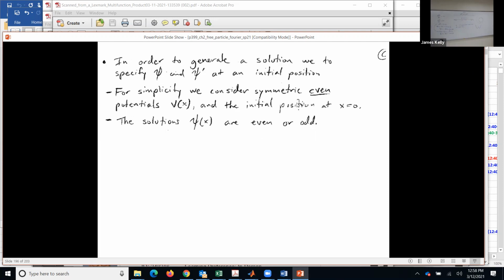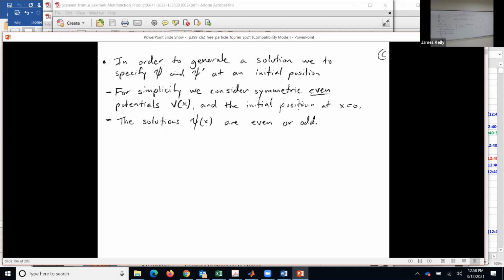In this case, if I choose a symmetric potential, right, same to the left of 0 as it is to the right of 0, then the solutions are either going to be even or odd. And I would suggest, because it's going to be easier for us, actually, I take back what I just said, you should choose a symmetric potential, because we're going to generate the even solutions separately from the odd solutions.